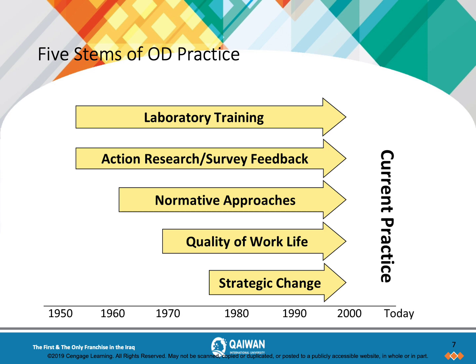And the second one, action research and survey feedback, between 1950 and 1960. They were focusing on data-based problem solving. They started using surveys and data instead of guessing the problems randomly.